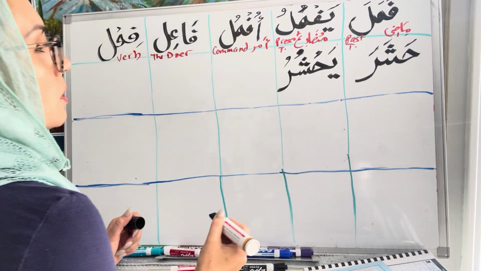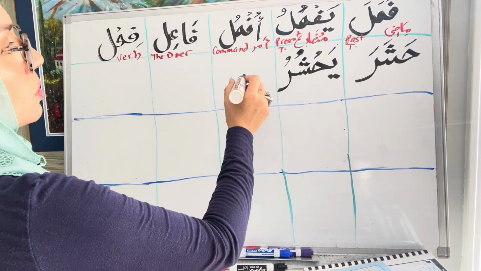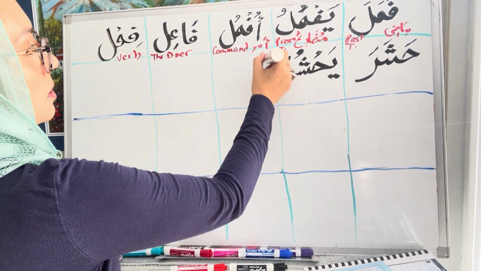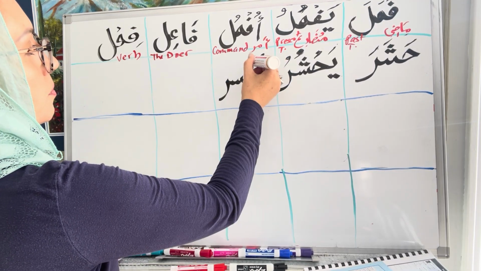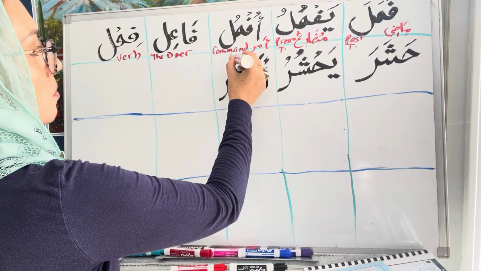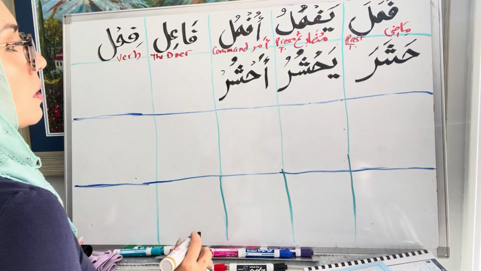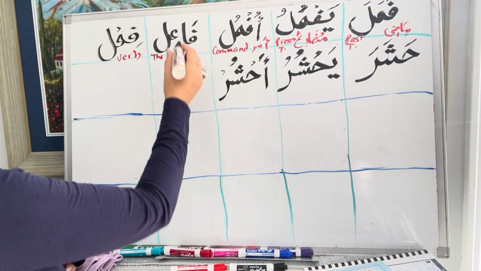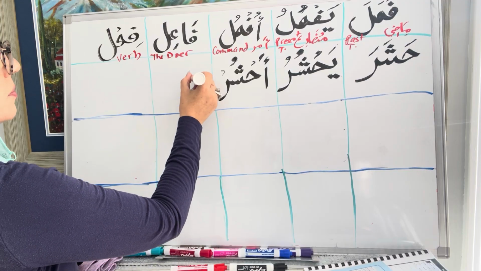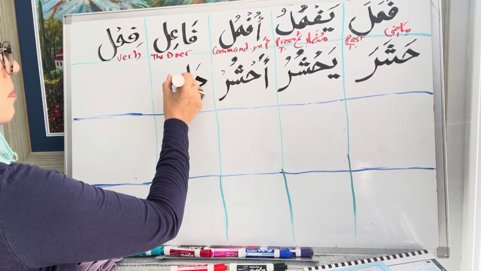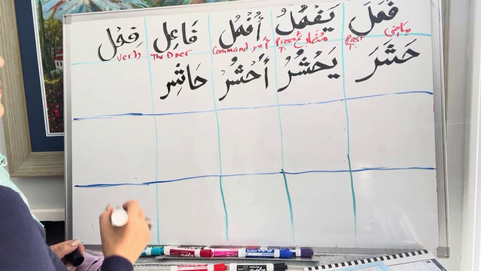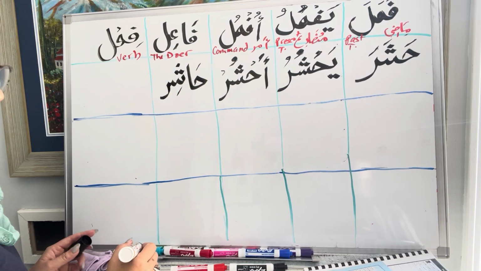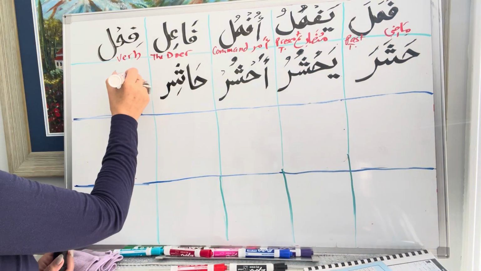And then it becomes uhshur. And then fa'il becomes hashir. And then the actual masdar is hashr.